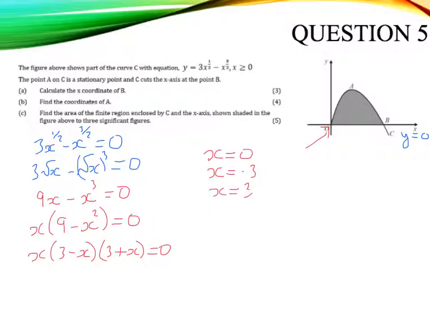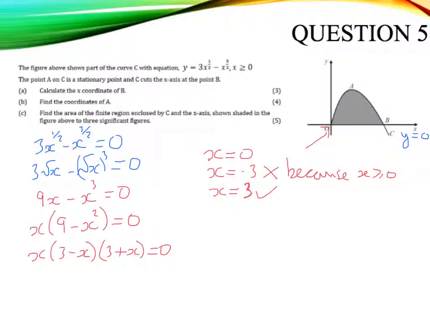However, notice in the question up here, it says x has to be greater than or equal to 0 for this function here to work. Okay, so that means that this one here can't be the case. And we can say because x has to be greater than or equal to 0, the only solution left is this one, x is 3. So the x-coordinate of B must be 3.